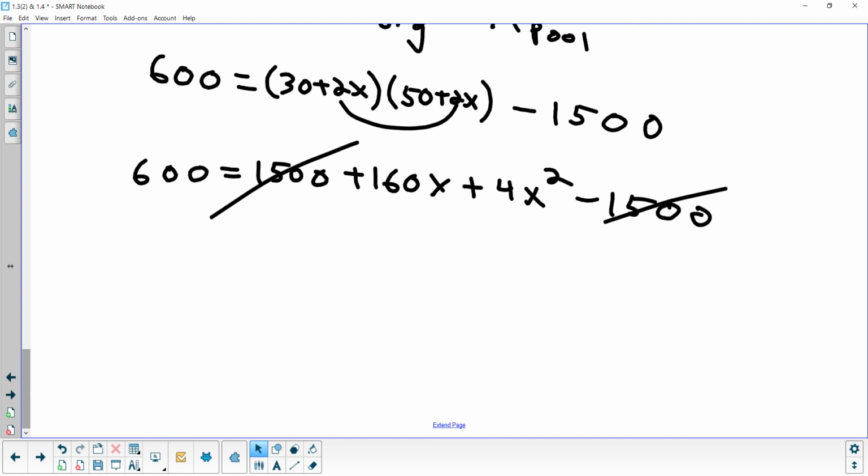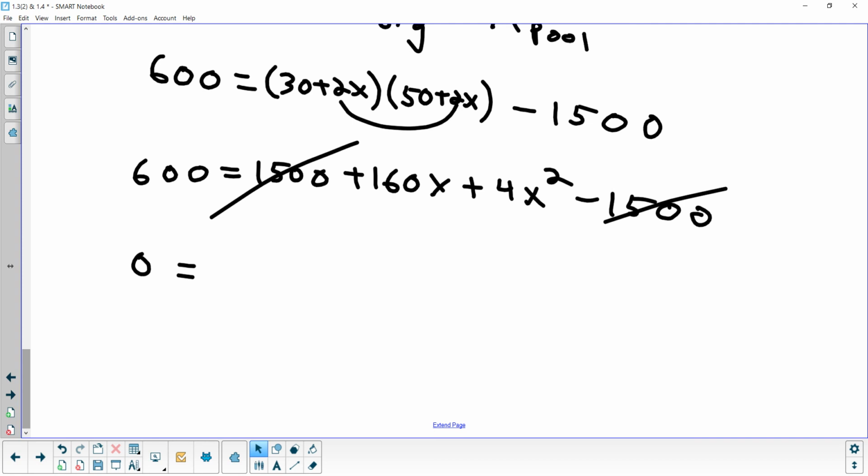Now, what I have is a quadratic. Usually when we solve a quadratic, what do we try to get it equal to on one side? 0. So let's put everything on the right. If I put everything on the right, well, 0 is on the left. And let's put it in descending order.